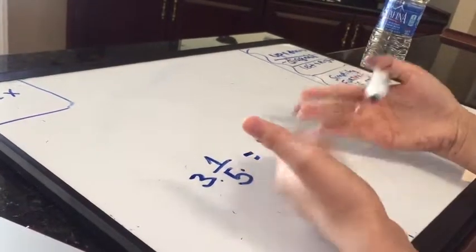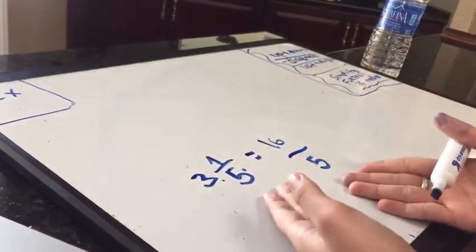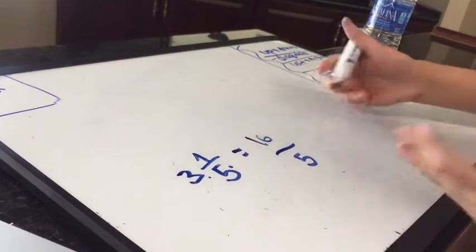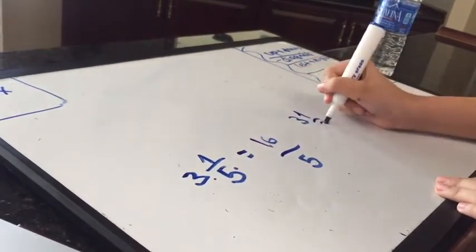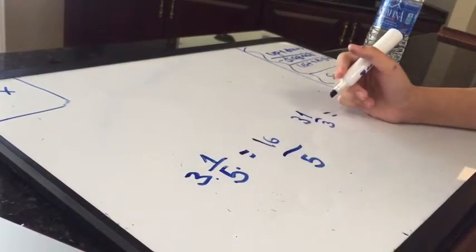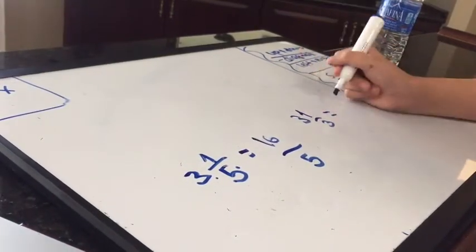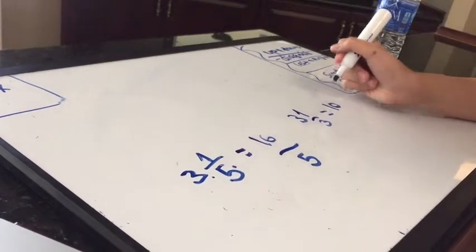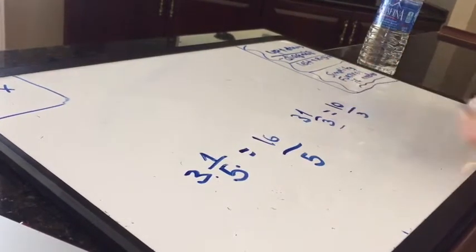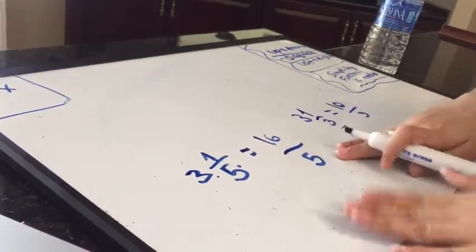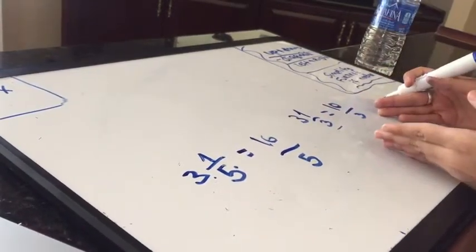So this is our improper fraction of the first one, which we did within 2 seconds. For the next one, 3 1/3, 3 times 3 is 9, plus the 1 equals 10. And of course, don't forget the denominator, which is always the bottom one. The denominator basically stays the same when you're getting the improper fraction.